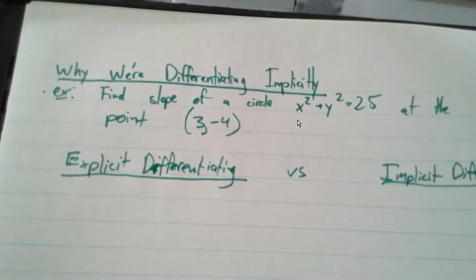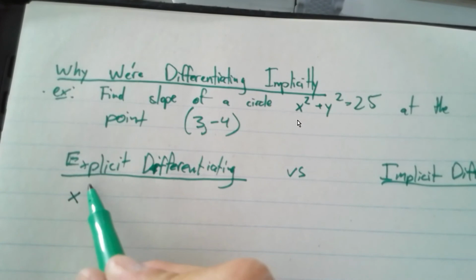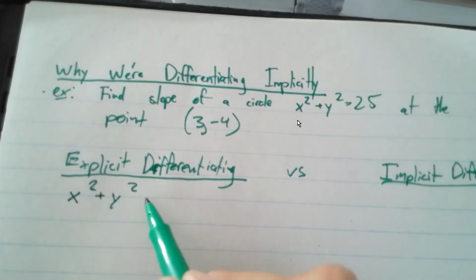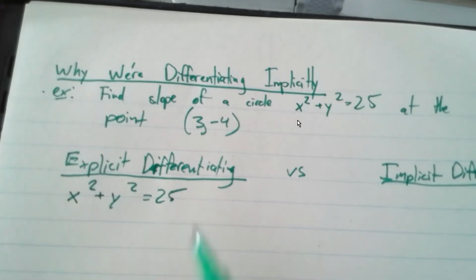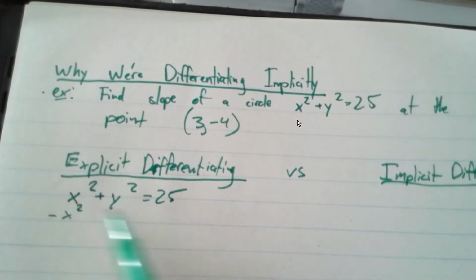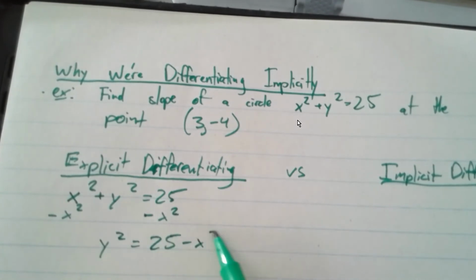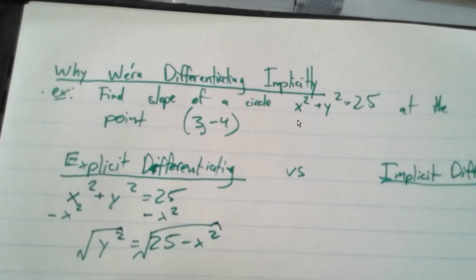So the older way of doing this, and I think you'll be like, yeah, why didn't we just do that the first time? Duh, right? The first way would be isolating y. You just subtract x squared from both sides, and then you have y squared is equal to 25 minus x squared. And then you take the square root of y. And technically you have two equations.